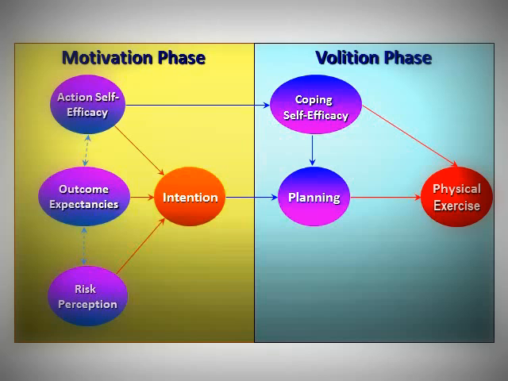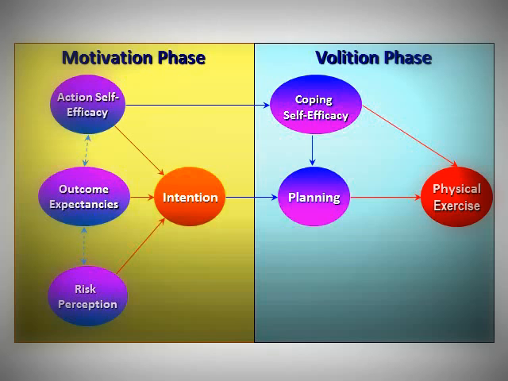We have found 2 volitional constructs very useful when it comes to predict health behavior change, namely coping self-efficacy and planning. By including the 2 volitional constructs, we account for more behavioral variance. This is somewhat trivial, since additional constructs allow for more variance to be explained.